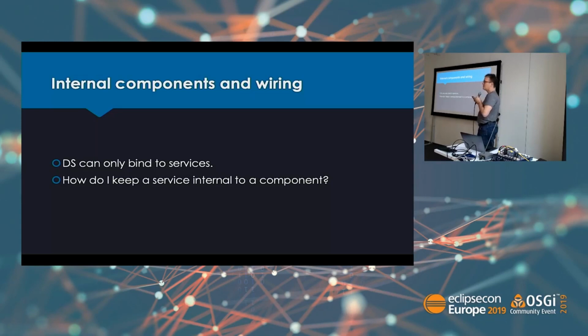It can only have dependencies to services. So the question is, how can I express an internal dependency with a service? Funnily, it's pretty simple. You just use the service class from a private package, either the class itself or an interface, depending on how loosely coupled you want it inside the bundle.